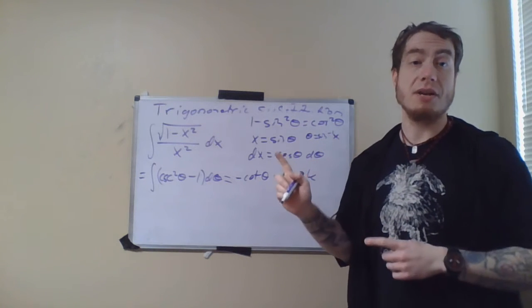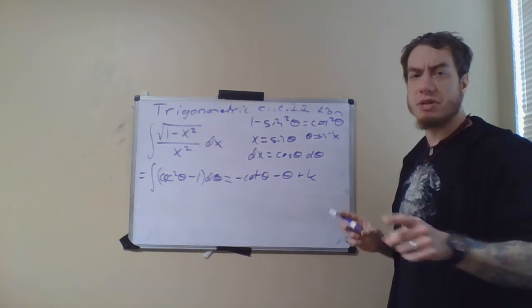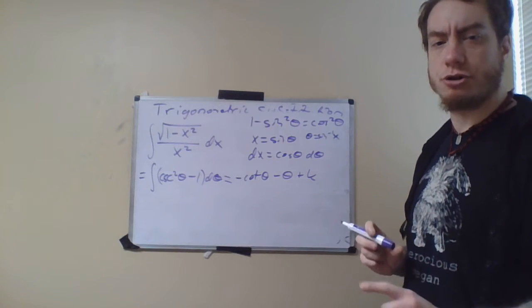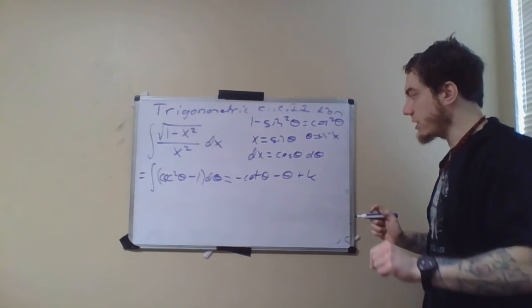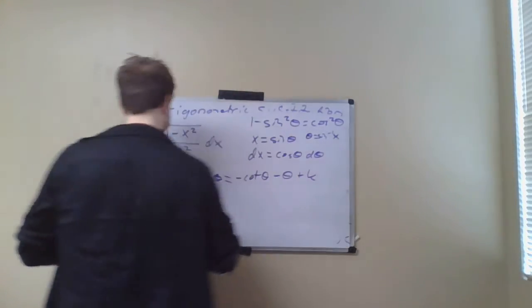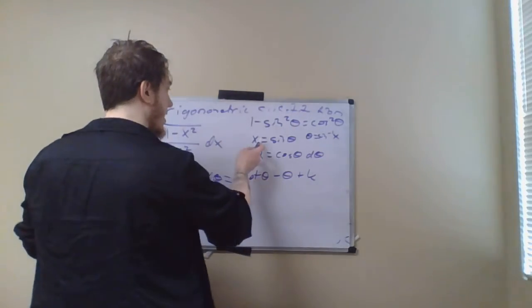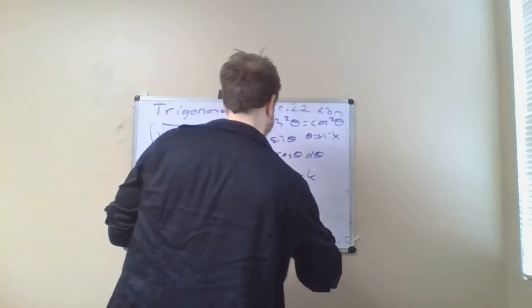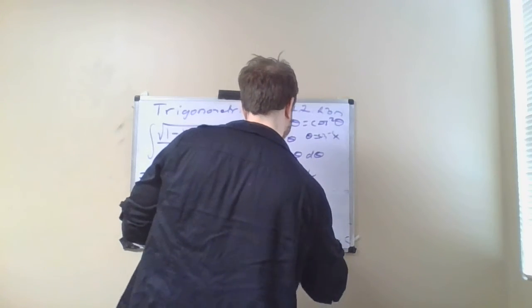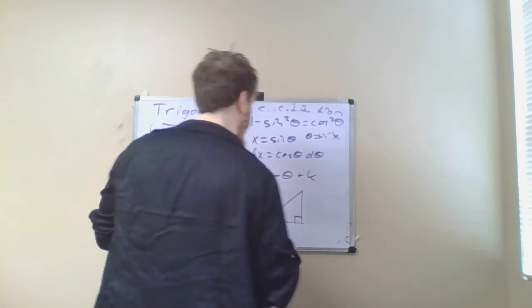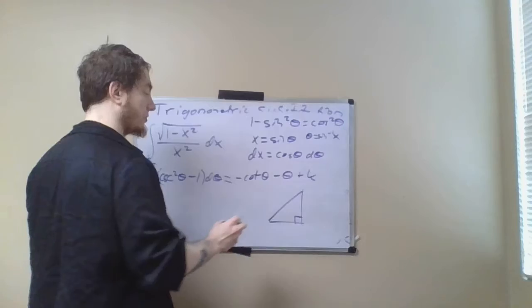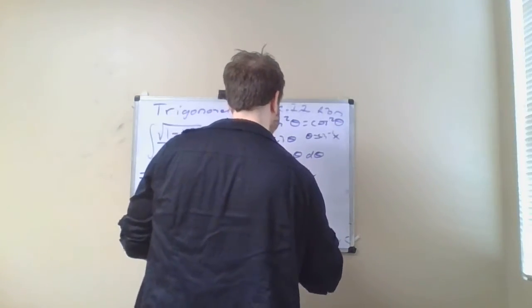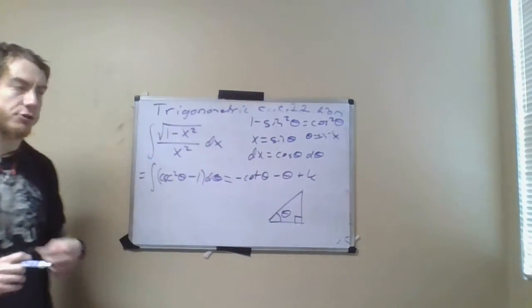But there's a little trick that we can do for these. And you might remember this from pre-calculus. Maybe when I show you the trick anyway, you'll start remembering it. So what I can do is say, if x is equal to the sine of theta, let's think about a right triangle that has x being equal to the sine of theta. So I'm going to create an angle here, theta, in this right triangle.